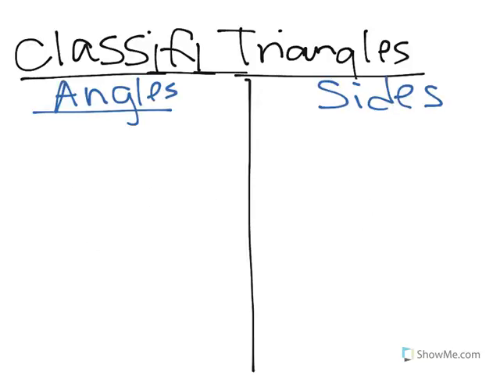So, for instance, let's start naming based on their angles. We know that there are 3 types of angles. Well, there's actually 4. You got an acute angle, you got obtuse, a right, and a straight. But if we ask ourselves, does a straight angle make a triangle? No, it can't even work, okay? Because if you put it together, it just does not make a triangle.